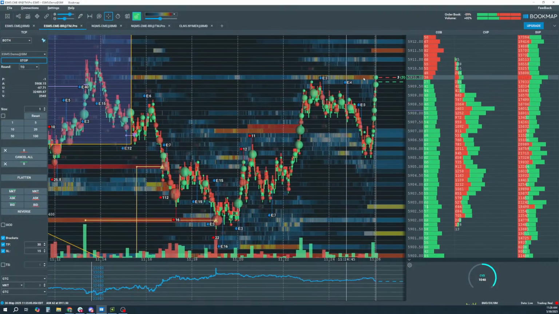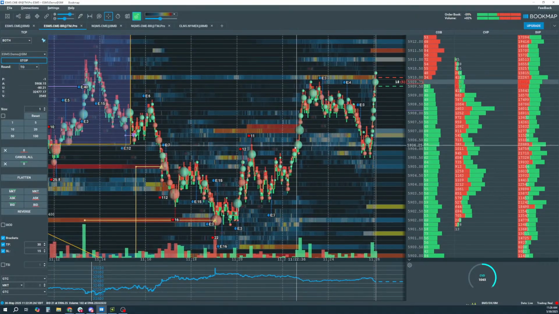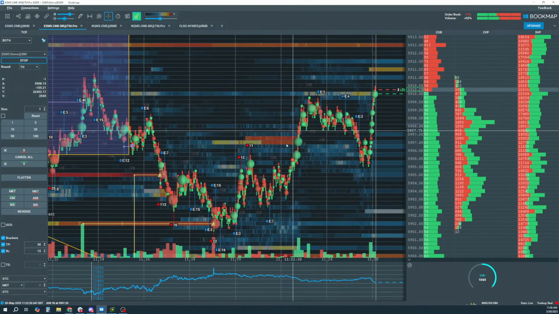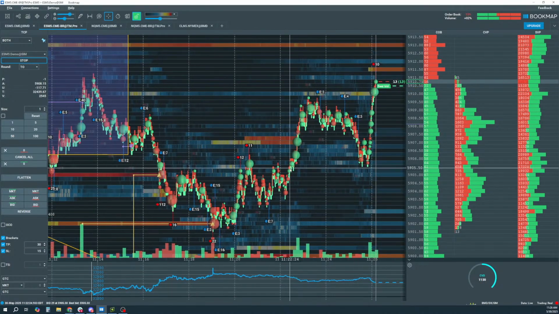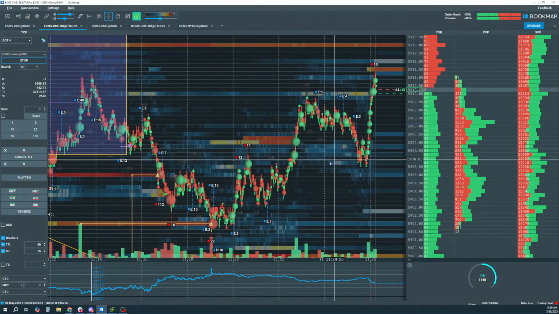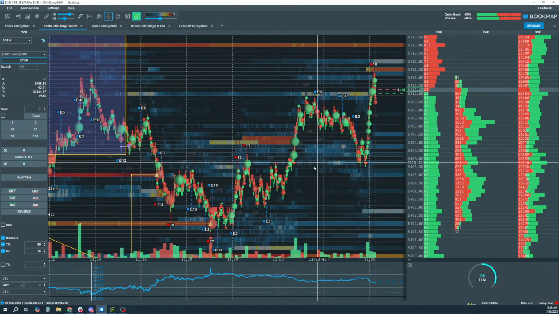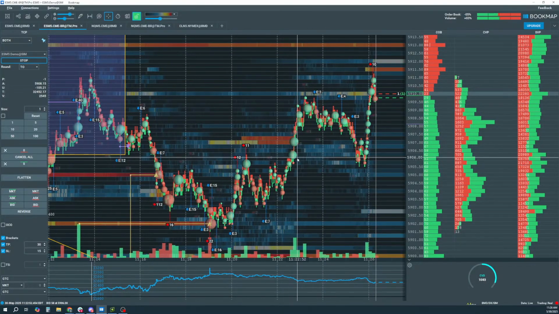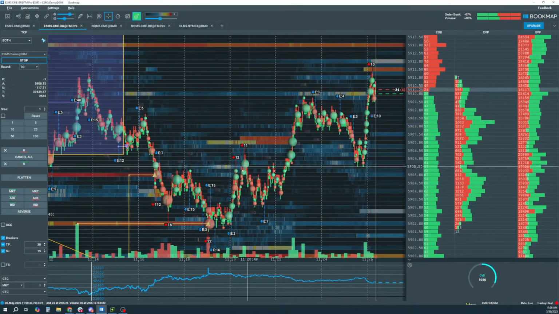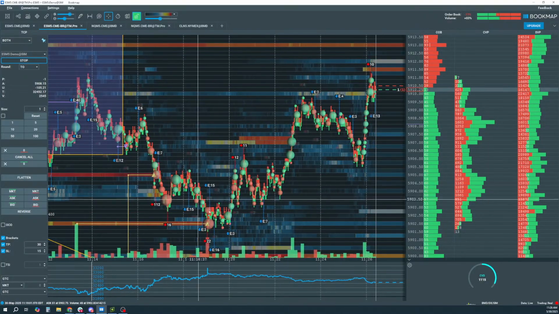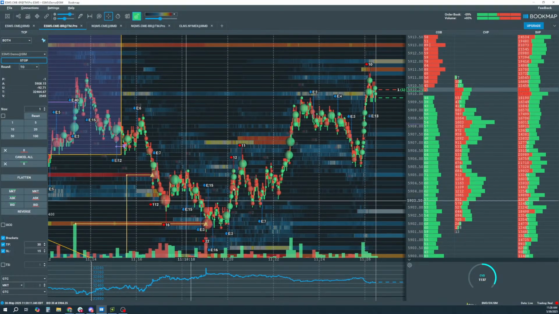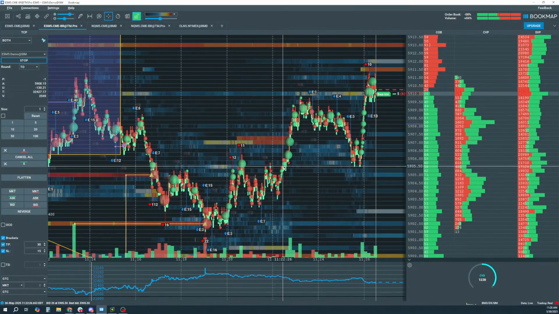Look at that. I didn't expect this. Okay, so here we've got the pattern for this pullback, kind of a flag-ish type of pattern. You can see even a reverse, or inverse, head and shoulders in here. And then look at the buyers here, right?